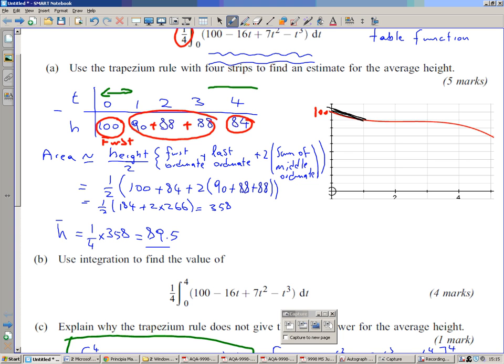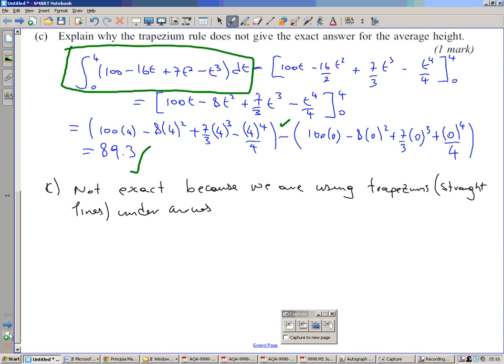So just explaining that and using a diagram is fine. So that's the answer, something like what I've just said. The actual answer in the mark scheme says the integral gives the exact fit for the shape. The trapezium just uses straight edges. So if you just write the integral gives the exact fit for the shape, whereas the trapezium rule uses straight edges, and if you wanted, you could use a diagram to ram that point home.